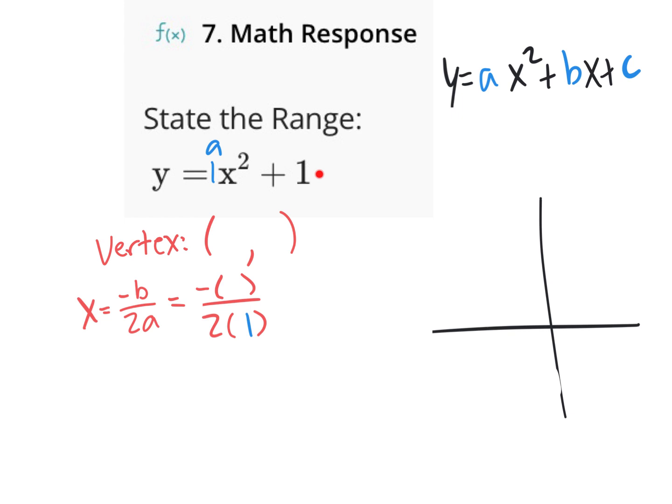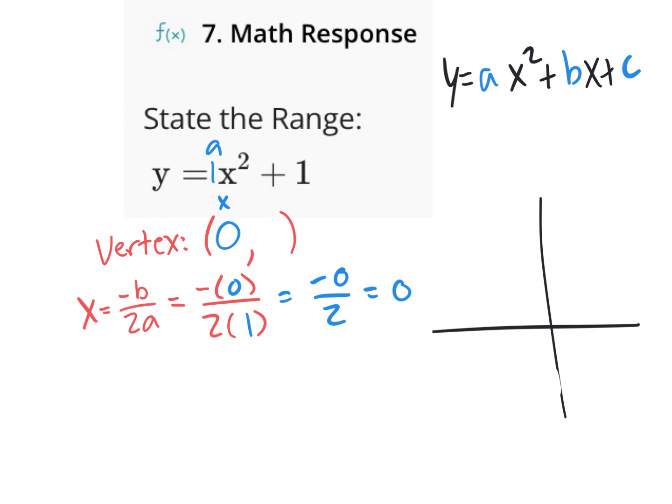There's only a c without the x. That means that there is no x's. There's an x squared, but there is no x's, which means that the b value is actually 0. And that makes it really easy, because you end up with a negative 0 divided by 2, and 0 divided by any number is still 0. So the vertex x value we just found out was 0.